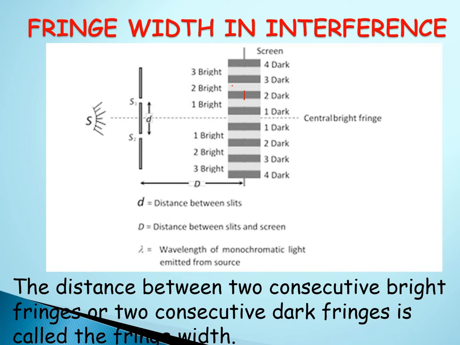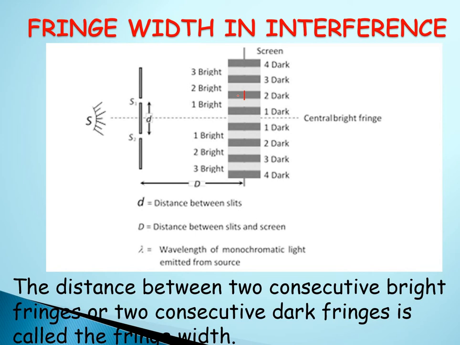So the distance between the second bright fringe and the first bright fringe gives you the width of the dark fringe. Hope it is clear. You just imagine a sandwich. This dark fringe is in between these two bright fringes. So if you find the distance between these two bright fringes, you will get the width of the dark fringe.